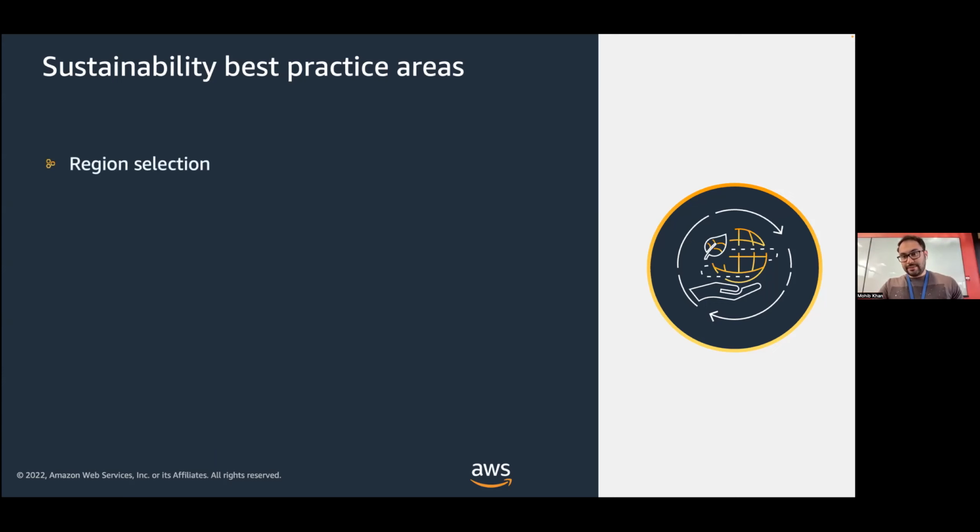The first one that comes into the picture is the region selection. When we say region selection, it's basically the AWS region. And what is an AWS region? An AWS region is a distinct geographical location which has clusters of availability zones.